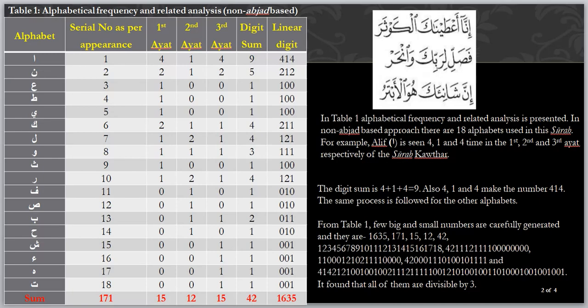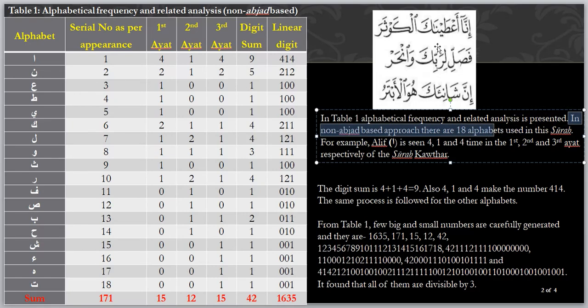This is the second slide, where we see that in table 1, alphabetical frequency and related analysis is shown. In table 1, we see that in the non-abjad approach there are 18 alphabets used in Surah Al-Kawthar.